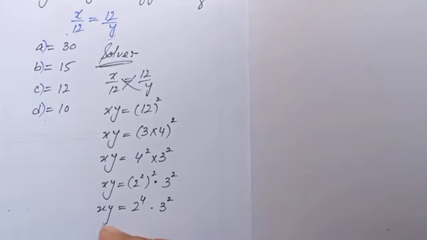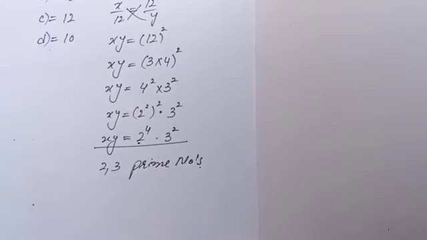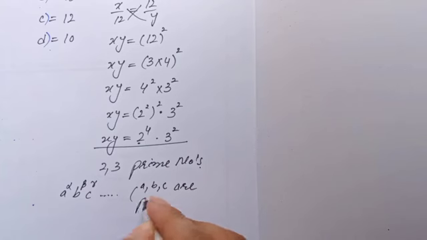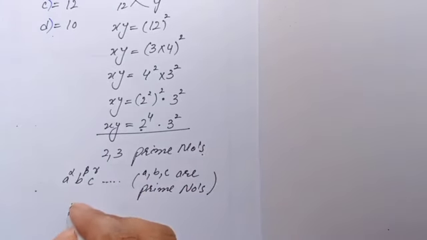Here I want to use the rule for prime number powers, and 3 and 2 are the prime numbers here. So I can use the rule that for a raised to power alpha, b raised to power beta, c raised to power gamma, and so on, where a, b, and c are the prime numbers, in this form I can write the number of factors.